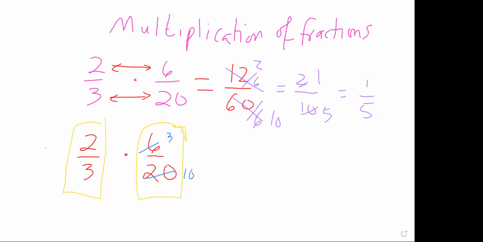Now, another thing about multiplication is that, apart from looking at the fractions separately, you can also go this way. You could go diagonally like that. You could check if you could reduce that way, and then check these two as well.